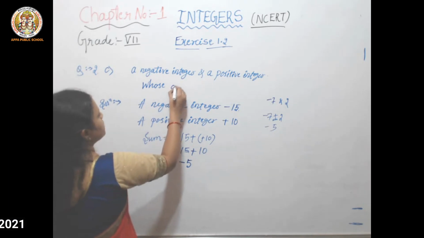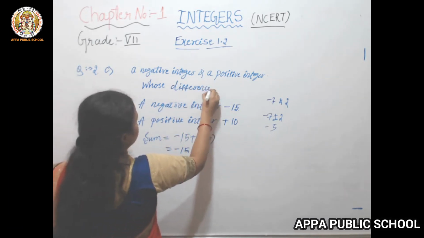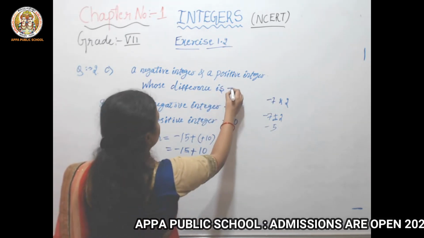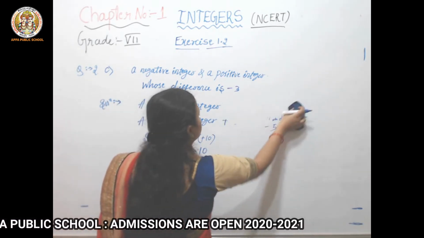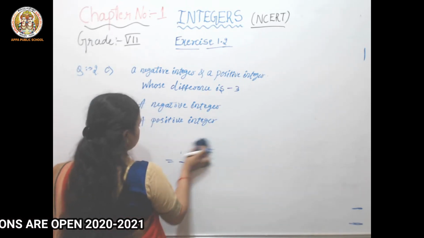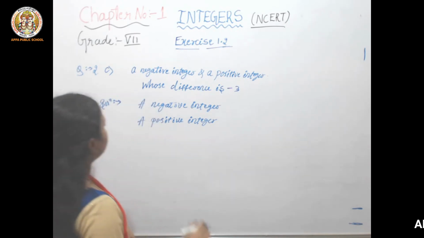Whose difference is minus 3. Then which number will you select here? Very important question it is. See, you should take a negative integer.